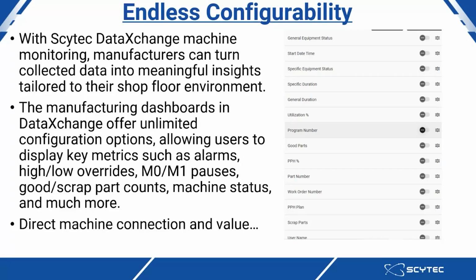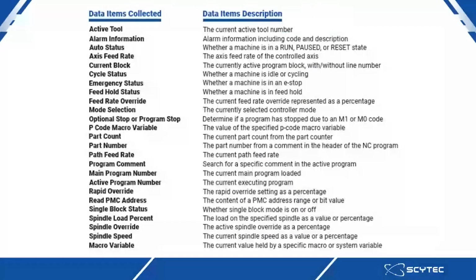Now, just a second ago, I talked about the direct machine connection and the ability for DataXchange to access the protocols of major CNC brands. And as I said, you can go to our website, and under our tech supported page, you can click on some of the logos for these name brands, and it could show you all the different data points that you are able to pull off. We have these in PDF formats.